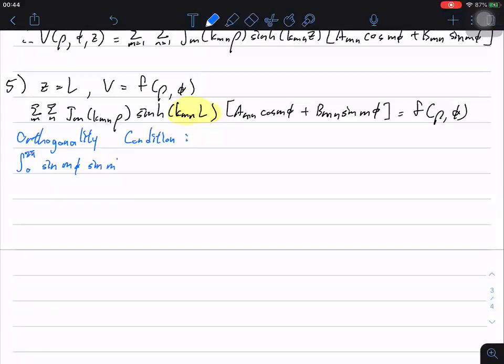So I'll just write that here. For sine m phi and sine m prime phi, if you multiply them and integrate from 0 to 2 pi, it will give you a delta function multiplied by pi. So if m and m prime are equal, it will be pi, and if not, it will vanish. And same for cosine and cosine.